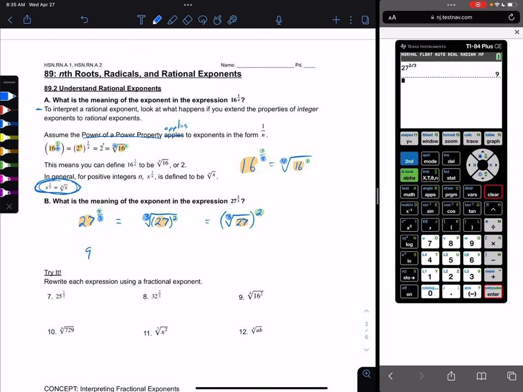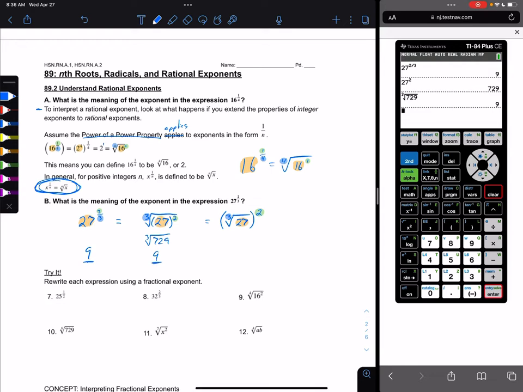Okay. So now if I do the second one, the cube root of 27 squared, I'm going to square 27 first, and that gives me 729. So I'd have the cube root of 729. You go to math, select option 4, and type in 729. That comes out to be 9. So notice that these two are equivalent. They're supposed to be.